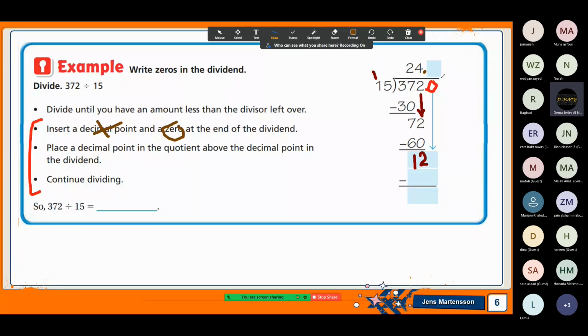So just the steps. Go to the dividend. If there is a decimal point, add 0. If there's no decimal point, add decimal point and 0. Then after you finished here, go up. If there's a decimal point, don't do anything. But if there isn't a decimal point, add it. This is the rule. Is it clear?